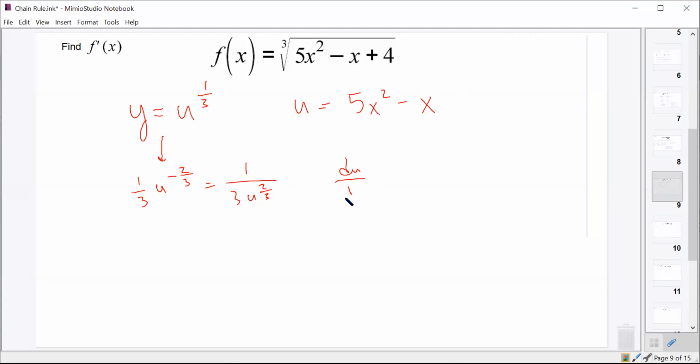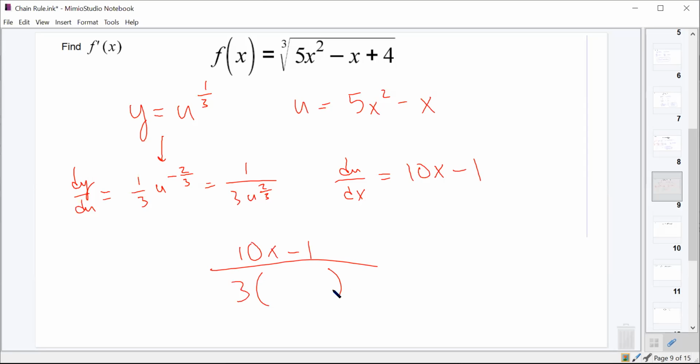And our du dx is just 10x minus 1. And so all we end up with is 10x minus 1 over 3 times u to the 2/3, and u was, oh sorry, 5x squared minus x plus 4. Forgot that plus 4. u is 5x squared minus x plus 4. Good or no?